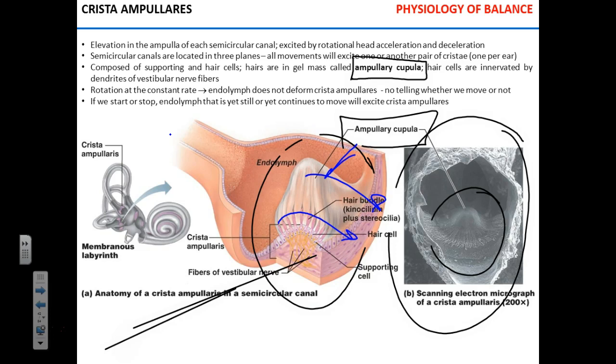These three planes allow you to sense the rotational movement no matter where your head goes. Whether it's like this or like this. Whether it's a simple rotational move or a complex rotational move that involves all three planes. Does that make sense?